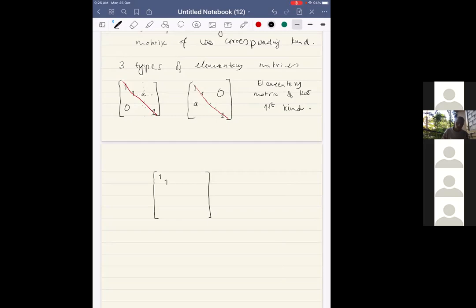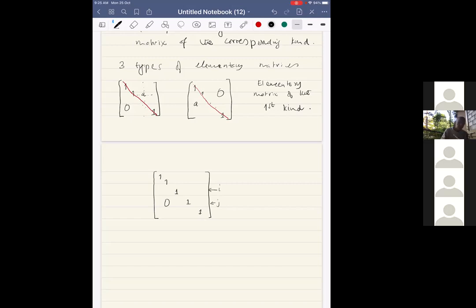You start with the identity matrix of size m cross m, but then you pick i and j, i not equal to j.